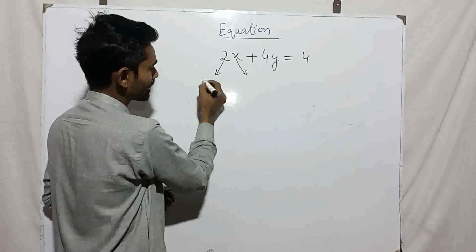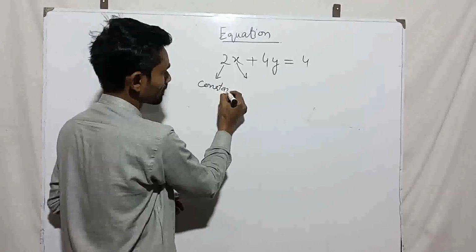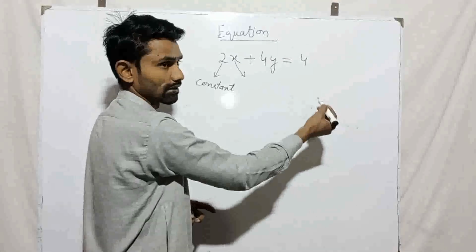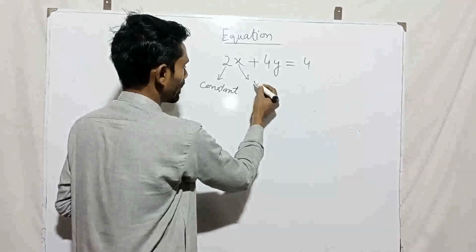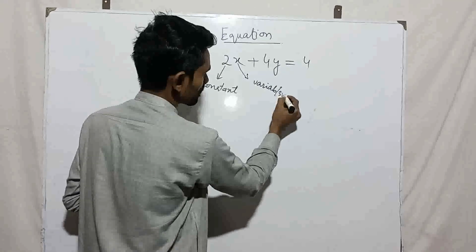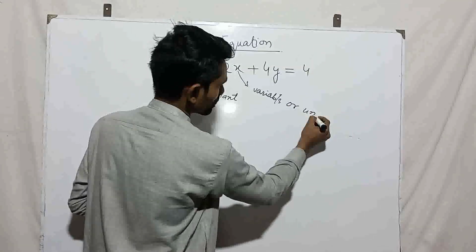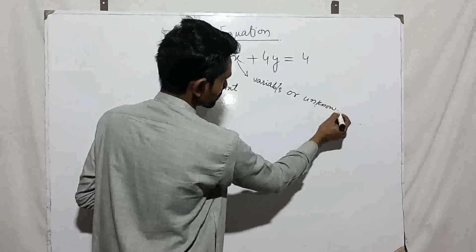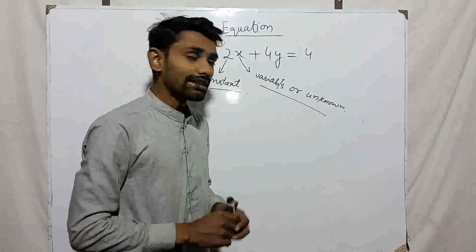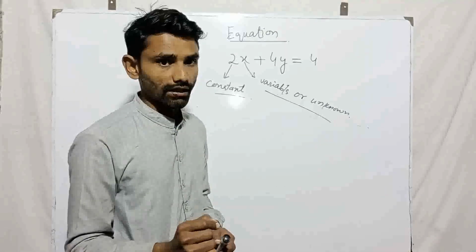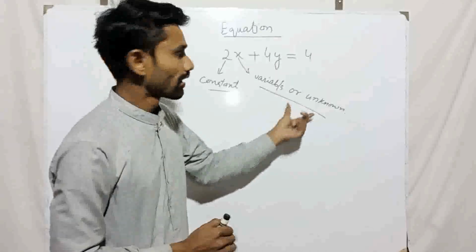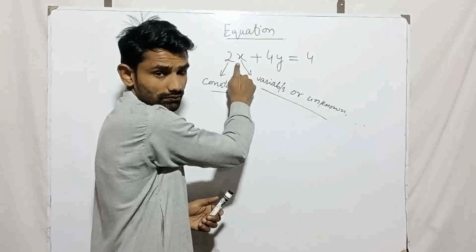This number is called a constant, and this x and y or any other unknown numbers are called variables or unknowns.